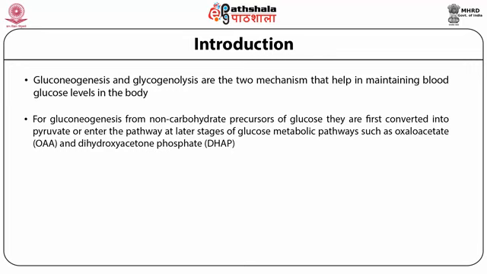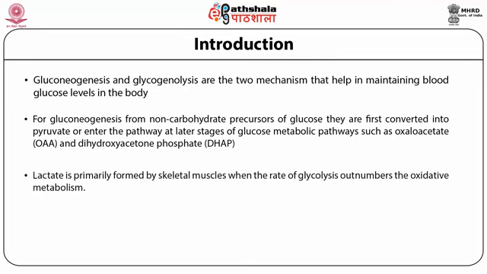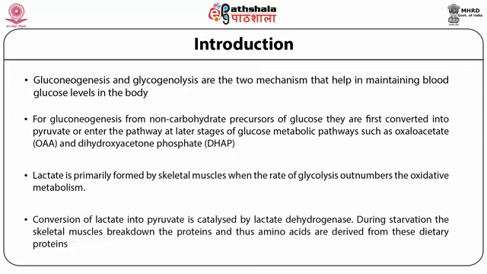Cells, whether in normal fed state or under starvation, channelize certain reactions for glucose generation, and these are routed through pyruvate, lactate, oxaloacetate, acetyl coenzyme A at one point or other.